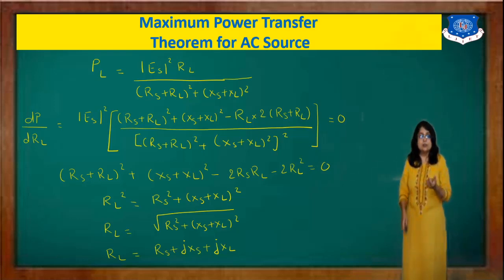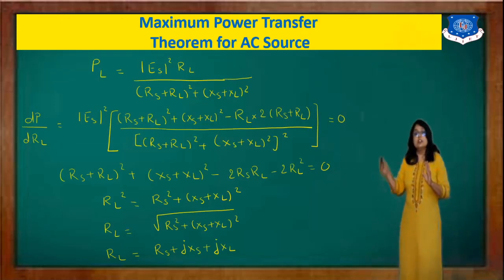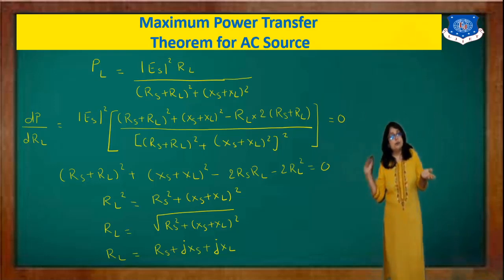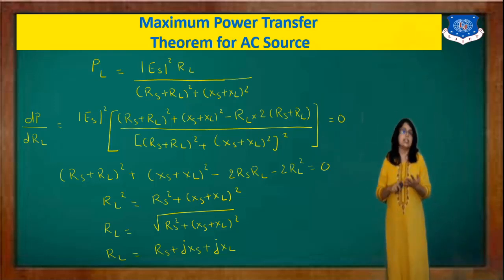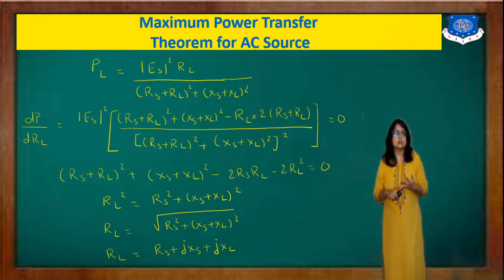And RS plus jXS is ZS, that is ZS plus jXL. So this is the proof of maximum power transfer theorem for AC as well as DC source.